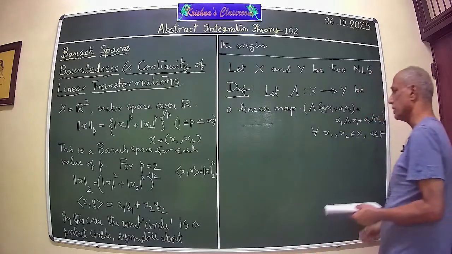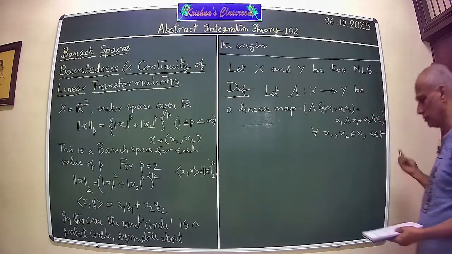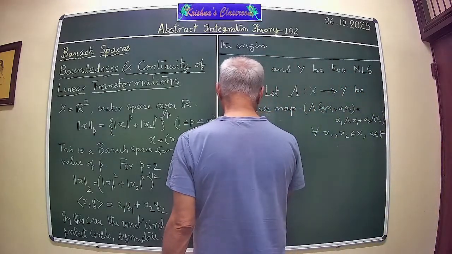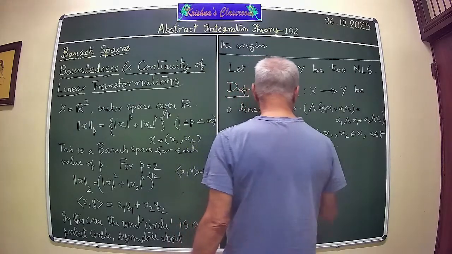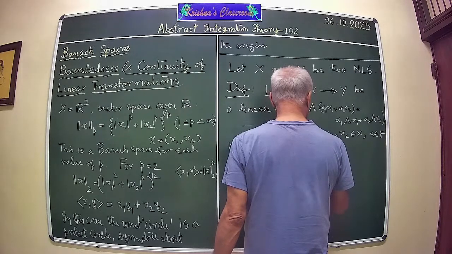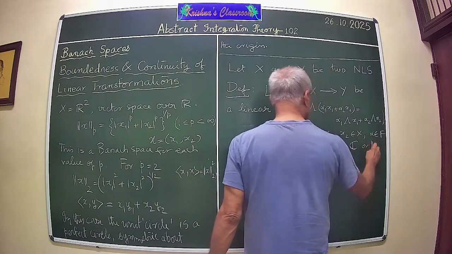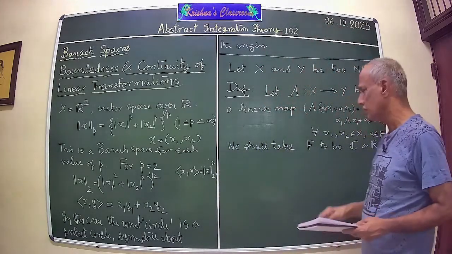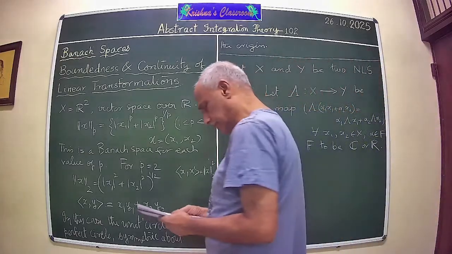This is what we call a linear transformation. Now we shall take the field F to be C or R, that means our consideration will be real vector spaces or complex vector spaces.